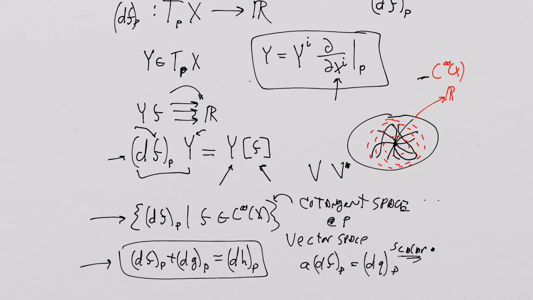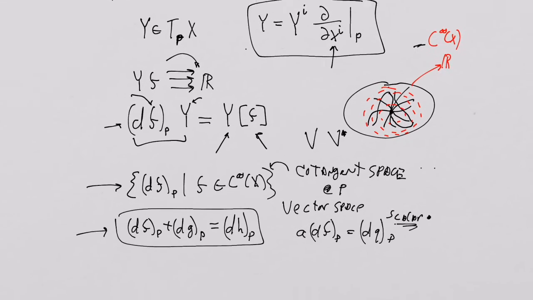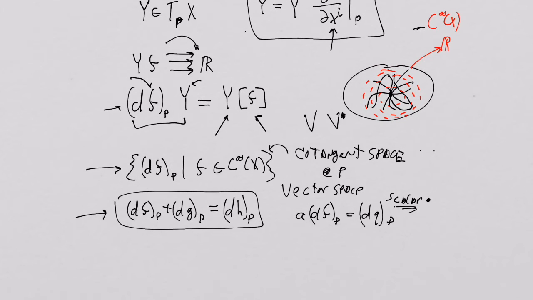This cotangent space is given a name, and that's T_P X with a star here, right? Because it's the dual space, so you always put the star.